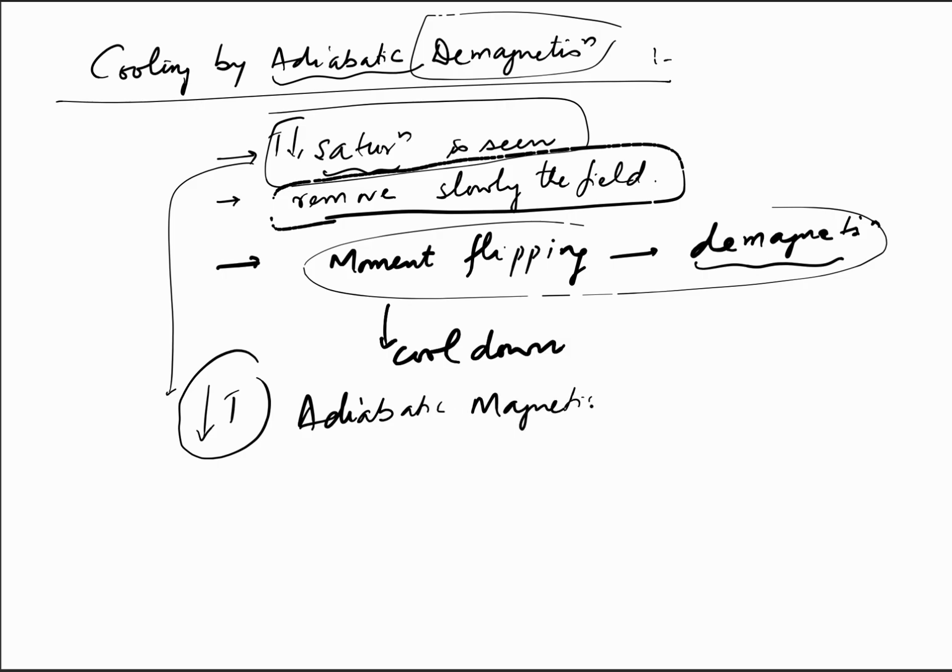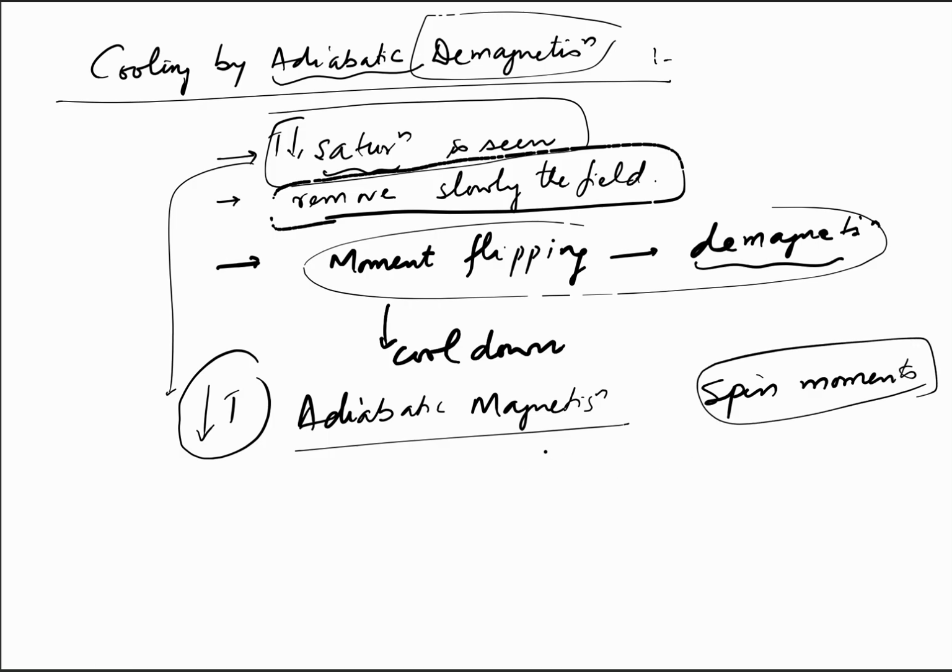Now you see, this thing is happening because of majorly the spin moments of those electrons. Now there is a moment of the nucleus also. If we want to further reduce the temperature, then we can use a similar effect for the moments of the nucleus, which is very small, but it has been done.